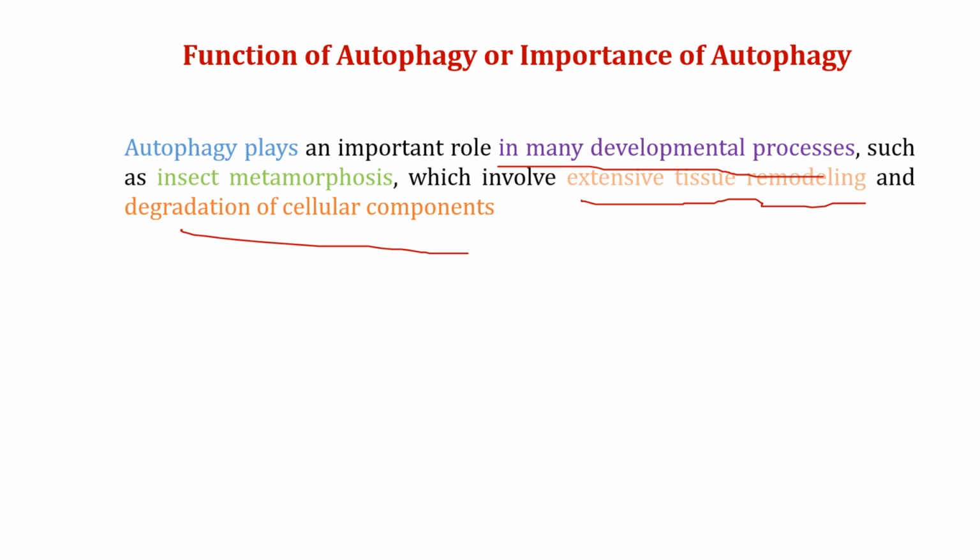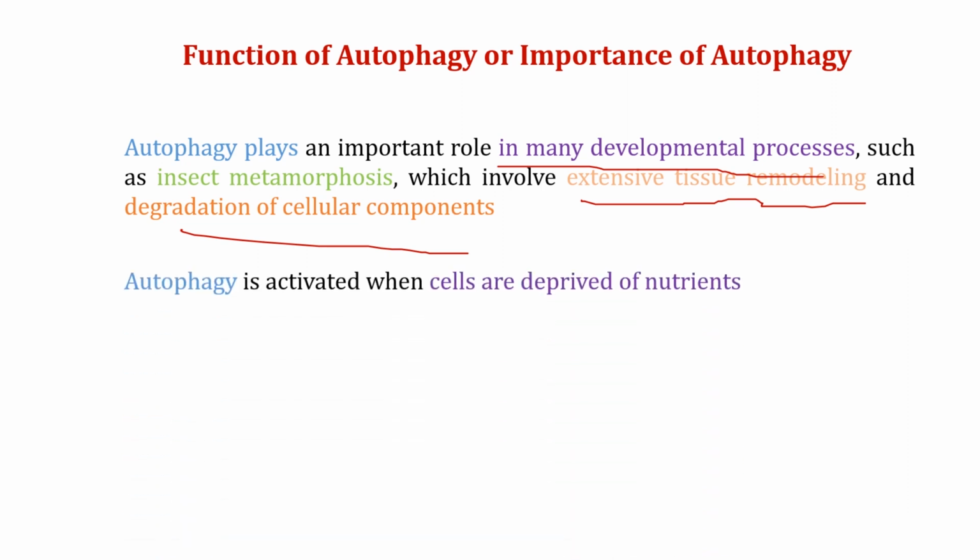Second, autophagy is activated when cells are deprived of nutrition. Under conditions of nutrient starvation, autophagy allows cells to degrade non-essential macromolecules so that their components can be reutilized by the cell.